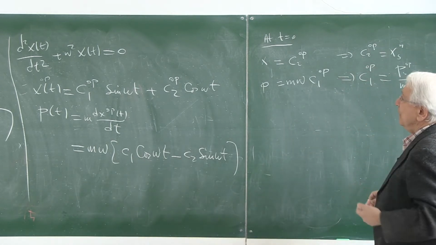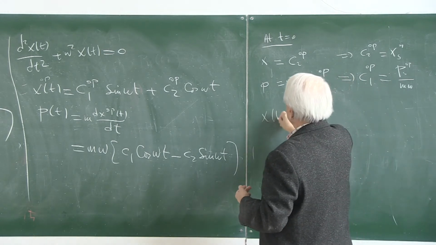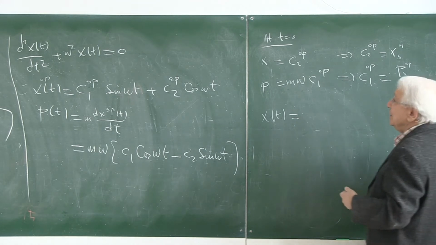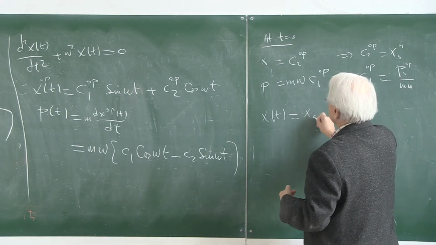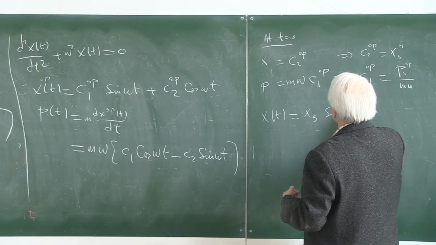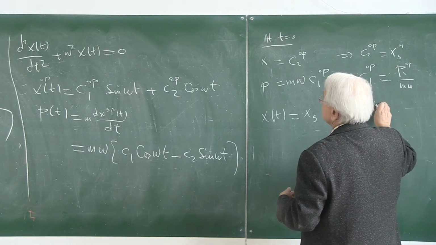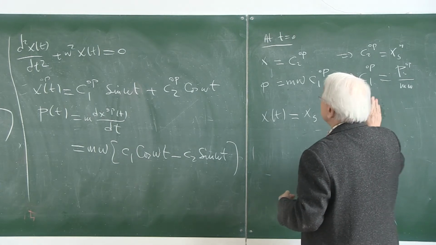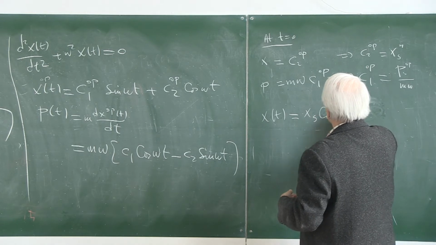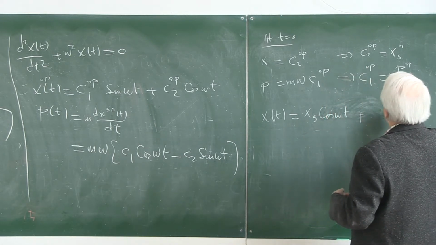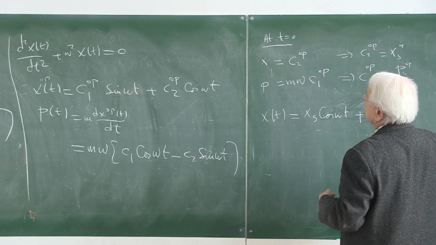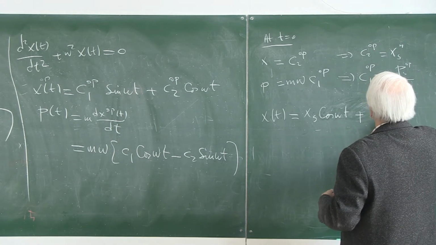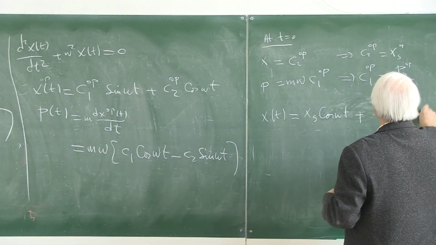So if you substitute them in, then solution of x at time t is x Schrödinger cosine omega t plus p Schrödinger divided by m omega sine omega t.